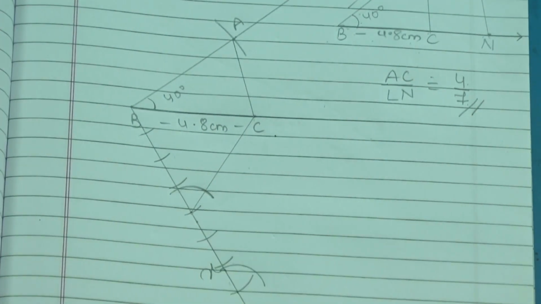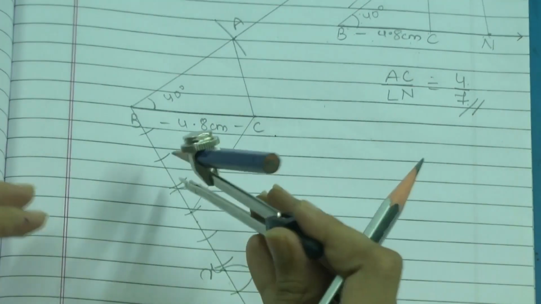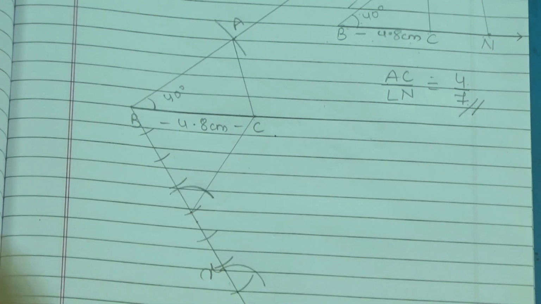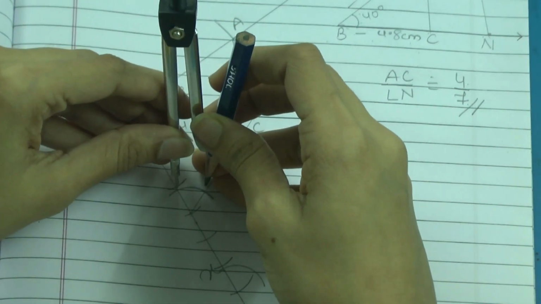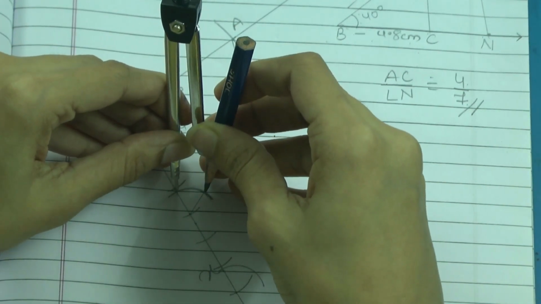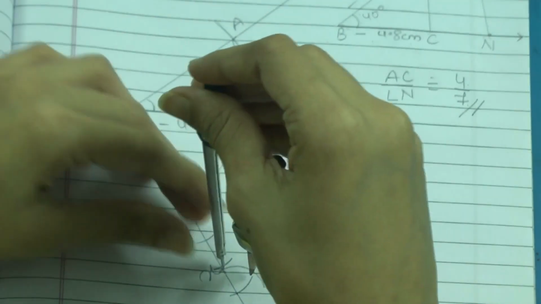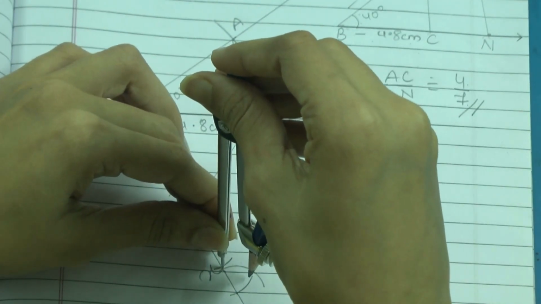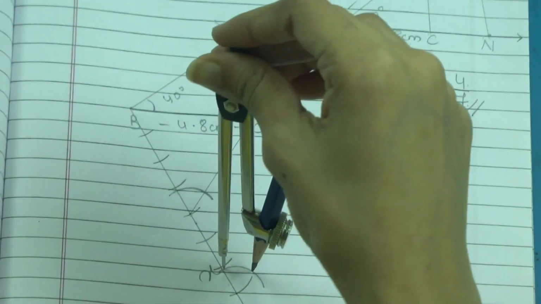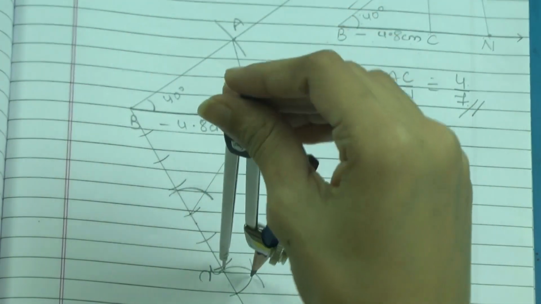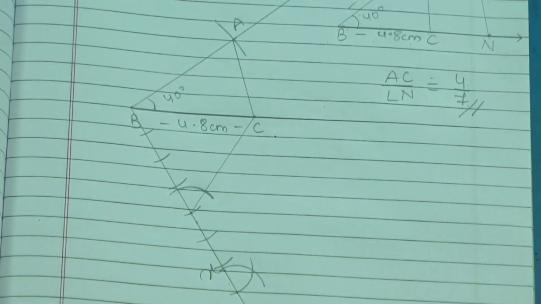Now adjust your compass as per the measurement of the angle at the 4th part. Yes, very good. And now keep your compass at this arc and give an arc. Join the 7th part and this arc.